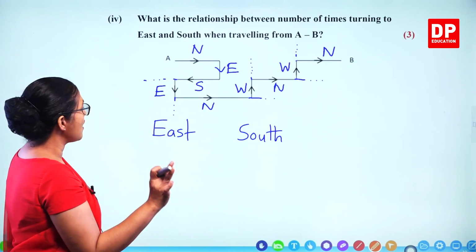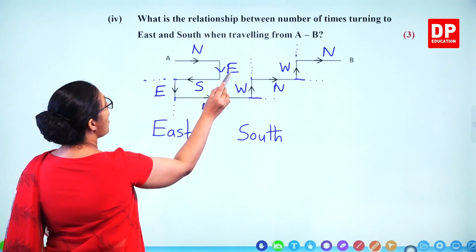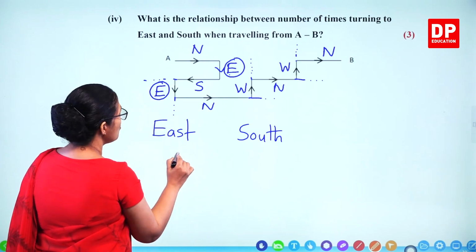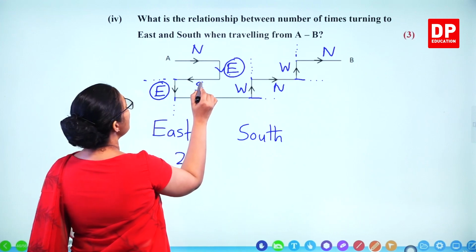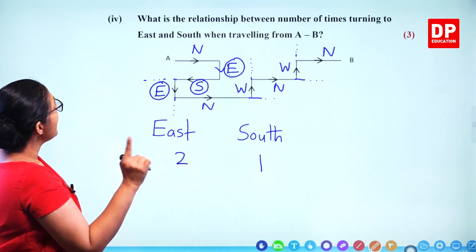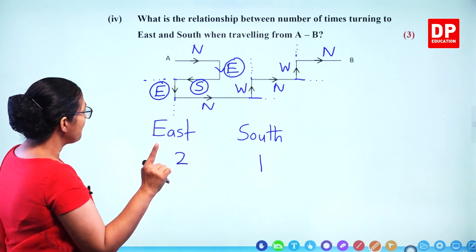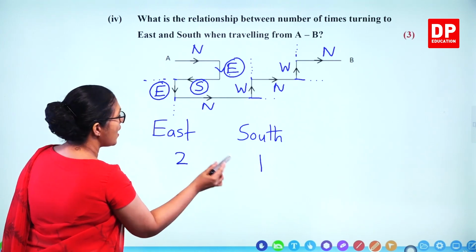Those are the directions. Now how many times to east side? 1, 2, 2 times to east. South, only once. So what's the relationship between the number of times turning to east and south? Twice as that.